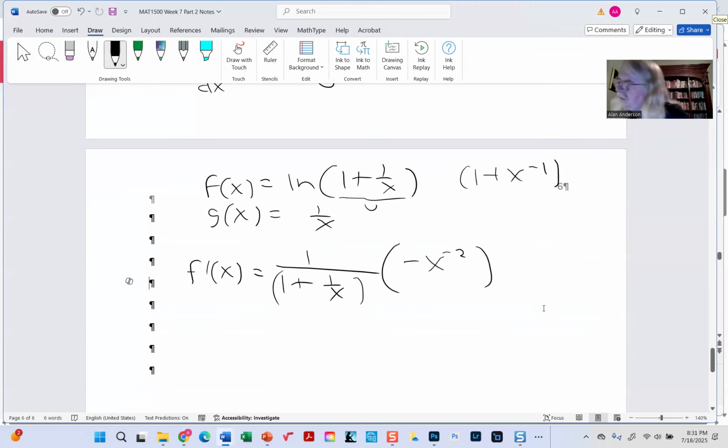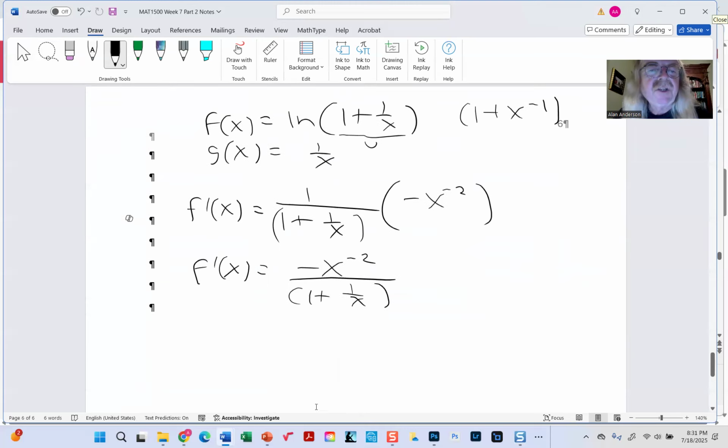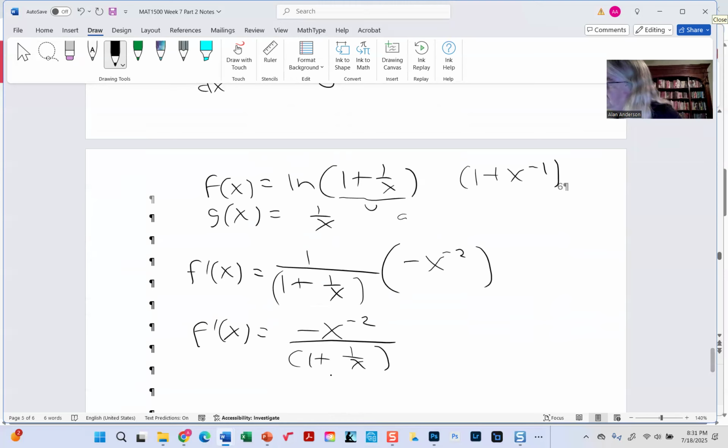All right, or we can rewrite it, and then g prime is very simple. G of x is 1 over x. G prime of x would therefore be minus x to the minus 2.